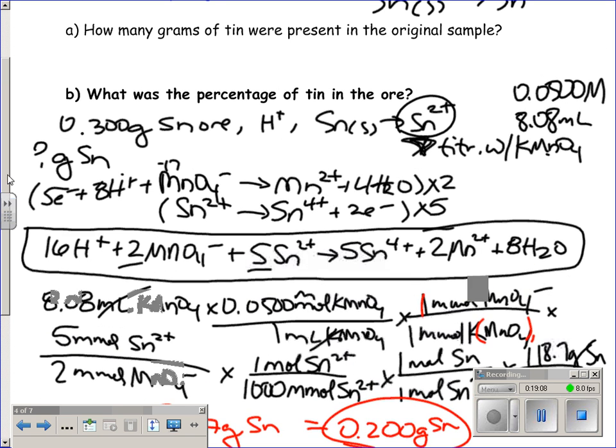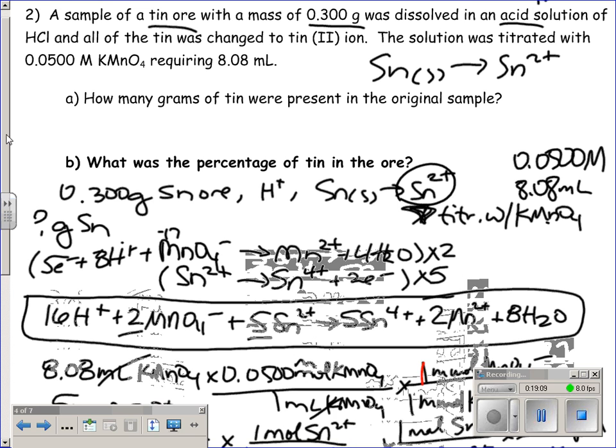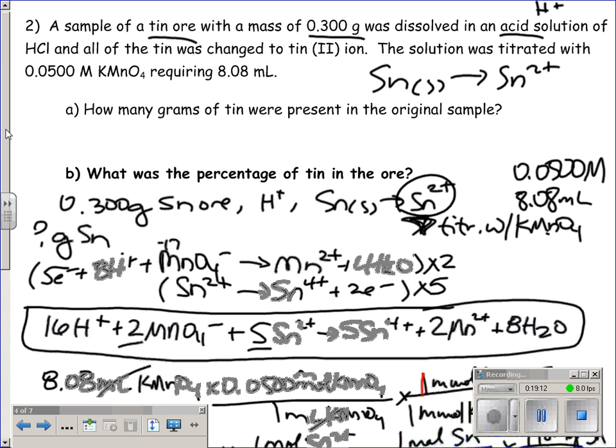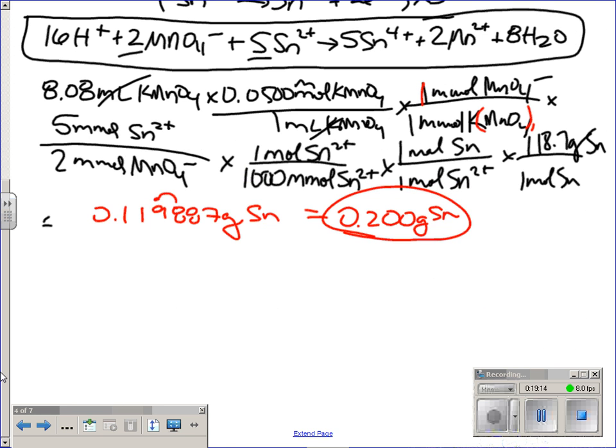All right, so what data point have we not used? The mass of the ore.